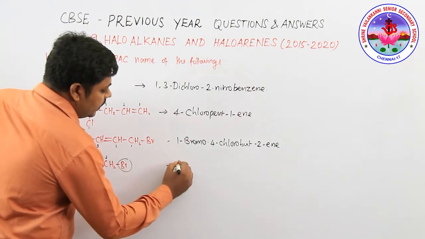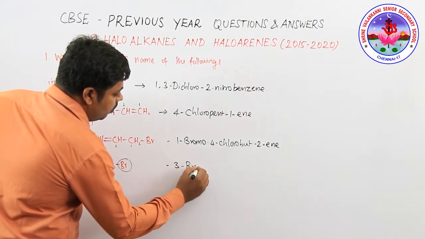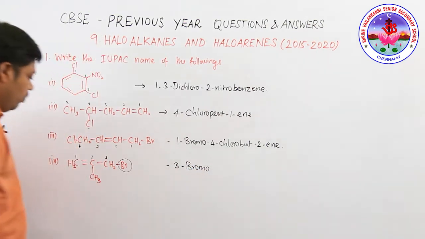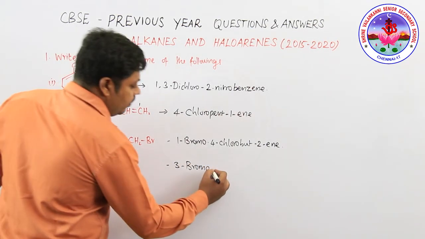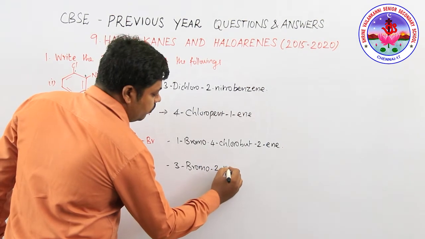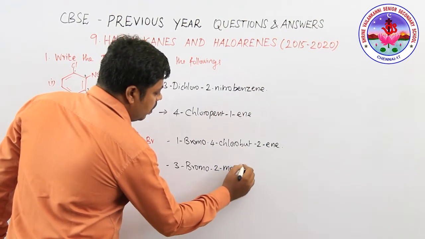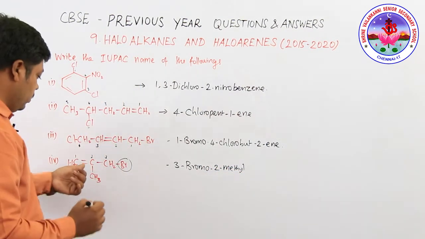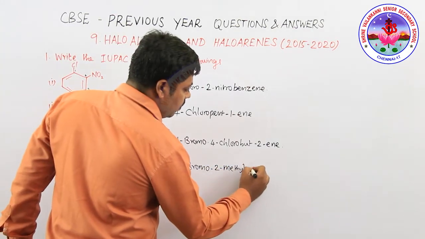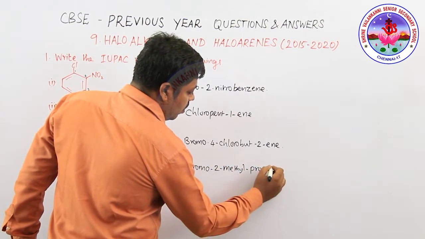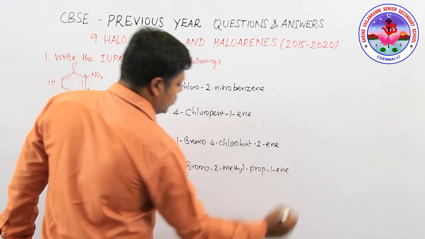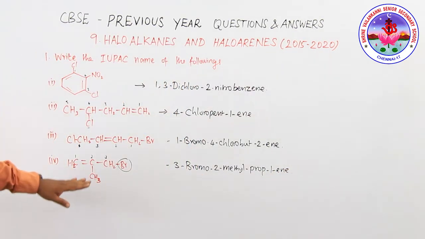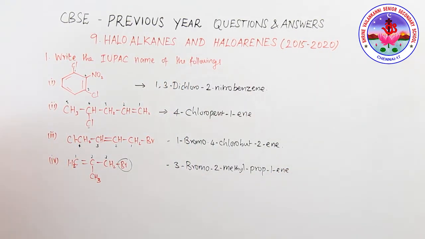Which position? 3. So 3-bromo, second position methyl, 2-methyl, prop-1-ene. This is the IUPAC name of this compound.